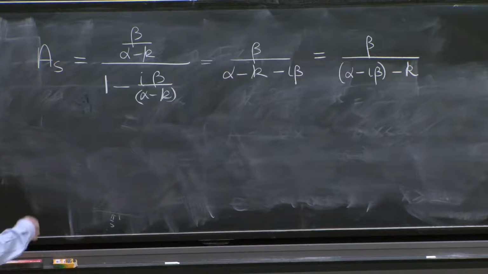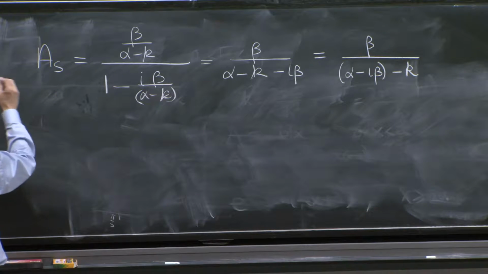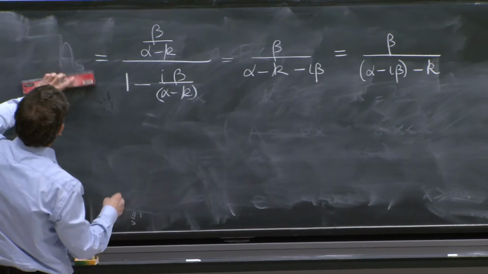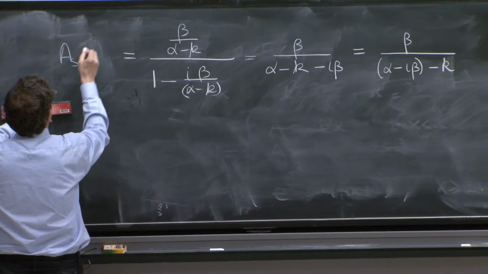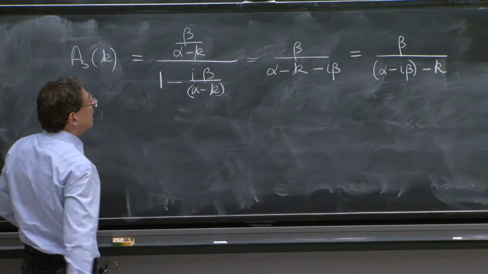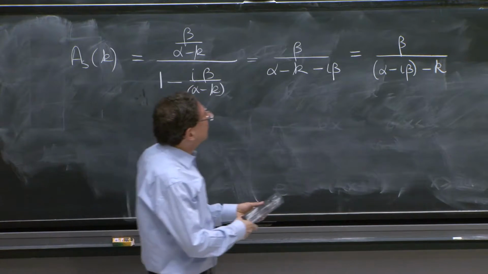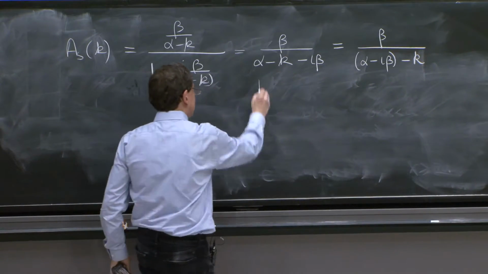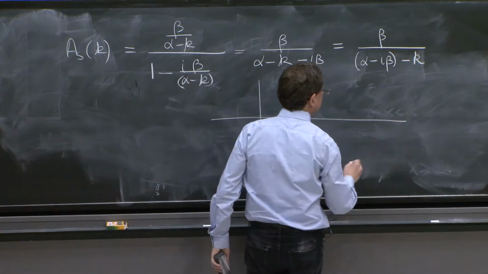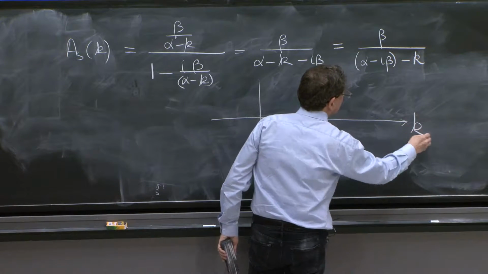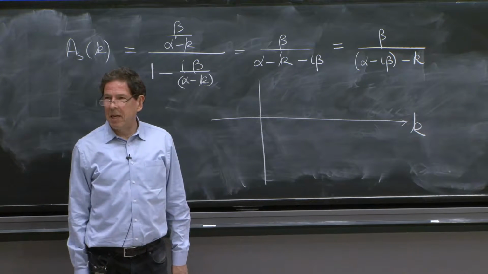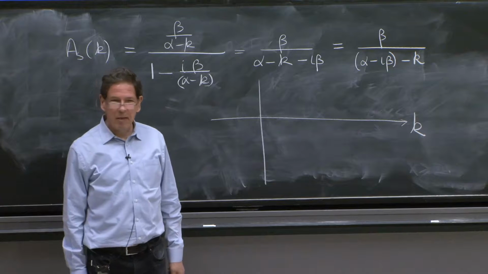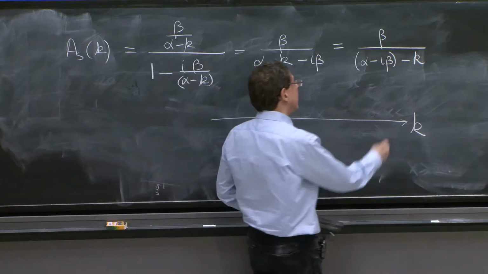Okay, we usually would plot A_S as a function of k. That's what we're trying to do. It's a function of k. And now here is the formula for A_S as a function of k. And here is k. But let's be daring now and not say this is k.